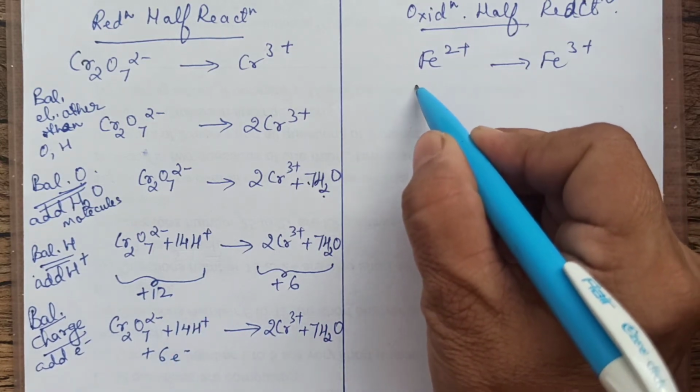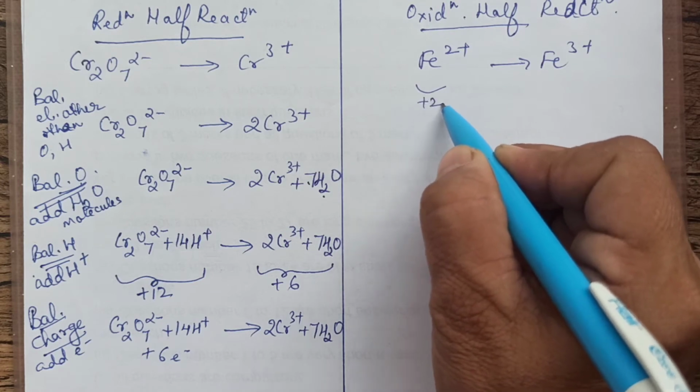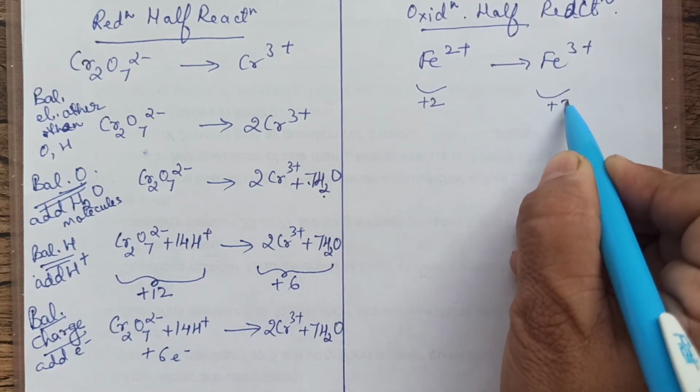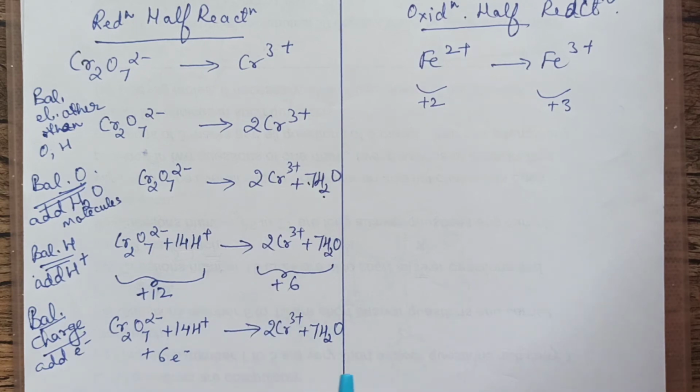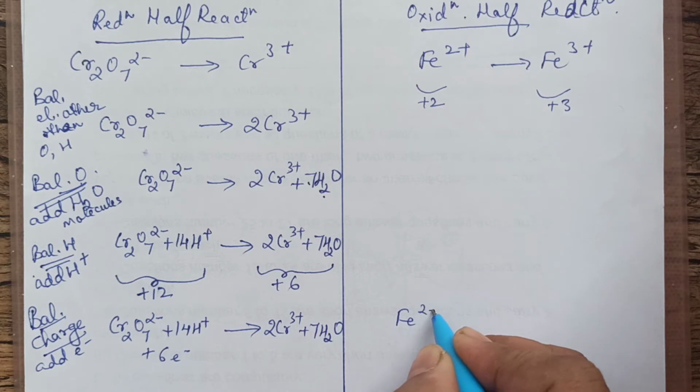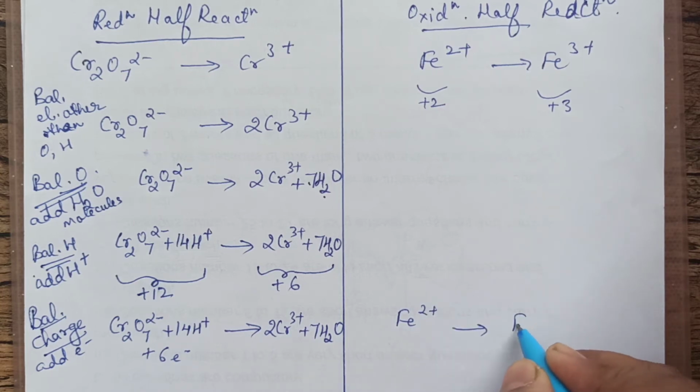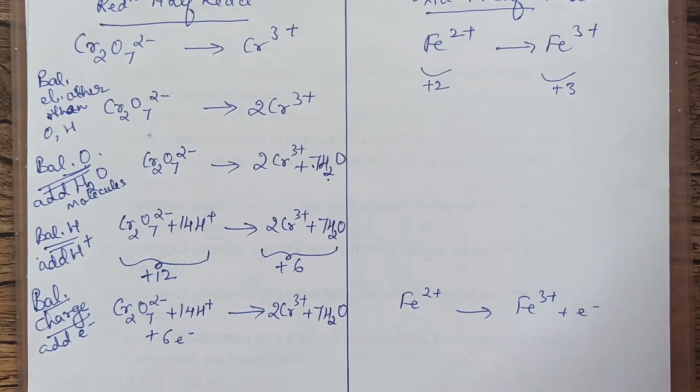On the left hand side you have +2 charge, and the right hand side you have +3 charge. This is the oxidation half reaction. Oxidation means loss of electron, so you will add an electron on the right hand side equal to the difference. So you will write 1 electron on the right hand side. Clear? Till here the steps are clear to you all?